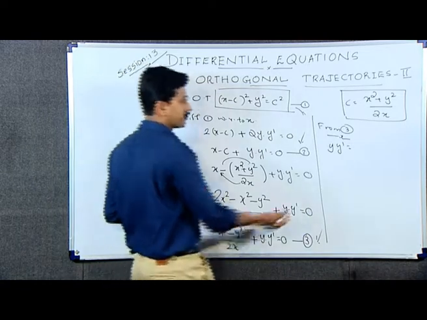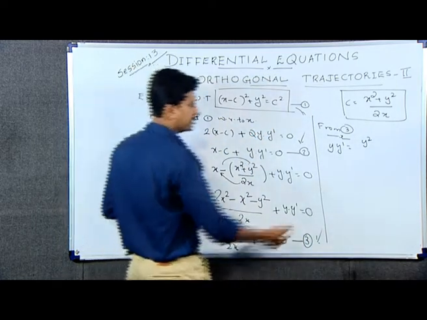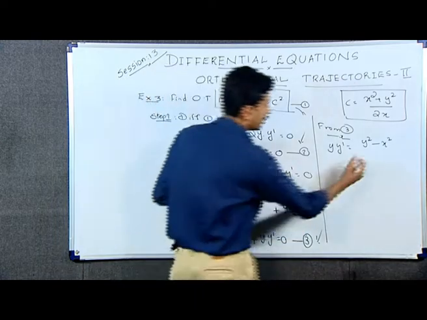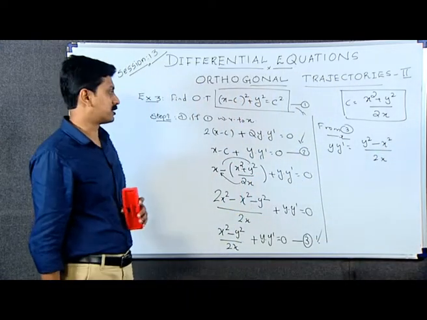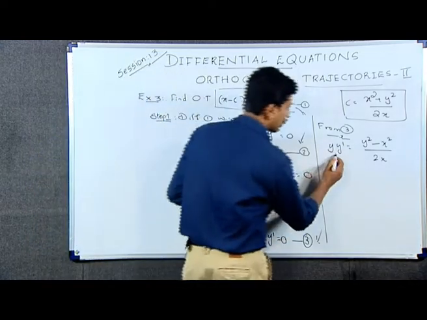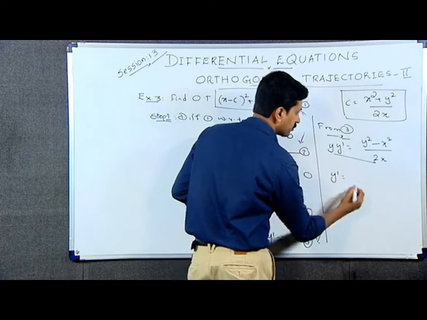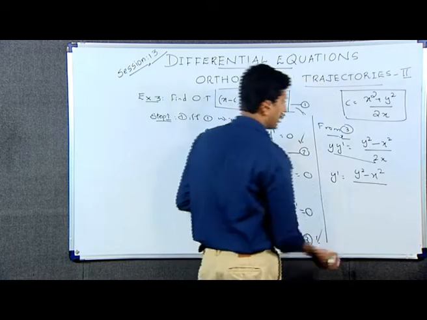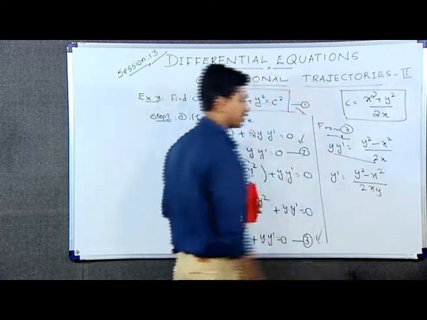So minus y square will be plus y square, and minus x square will be plus x square, divided by 2x. Therefore, taking y to be here, y dash is equal to y square minus x square divided by 2xy.